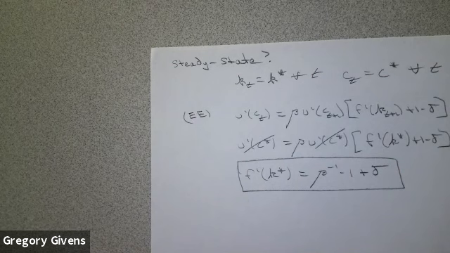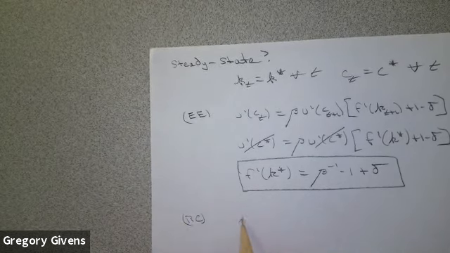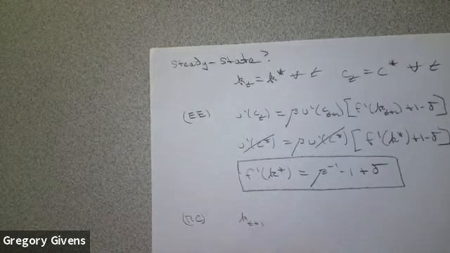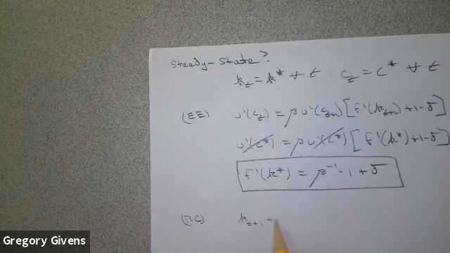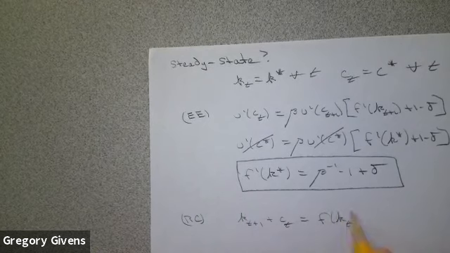How do we characterize the steady state for consumption then? The other key equation of the model is the resource constraint, which says that k_{t+1} + c_t is equal to f(k_t) + (1 - delta)k_t.